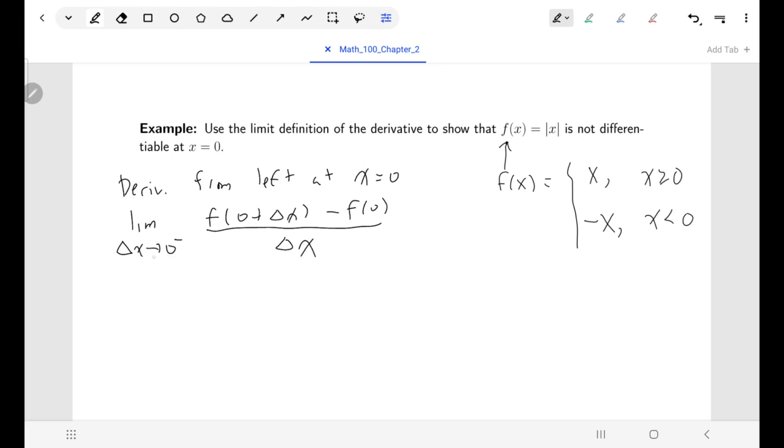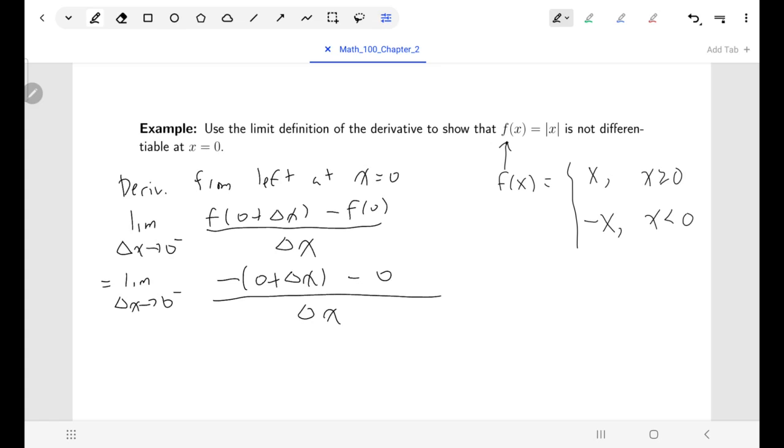If we're approaching 0 from the left side of things, so in other words, if we're talking about negative values going into our function, then the absolute value function changes the sign. So f of 0 plus delta x should be the negative of 0 plus delta x. And f of 0, well, we can evaluate that directly. Absolute value of 0 is 0.